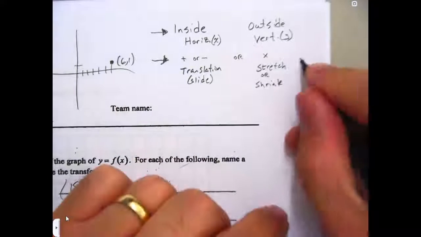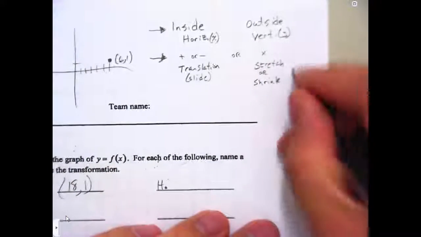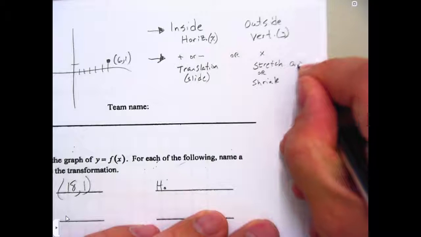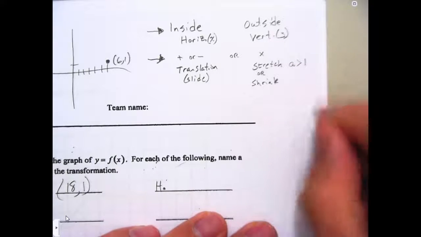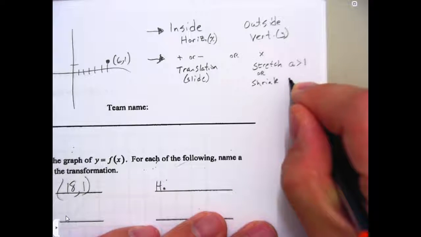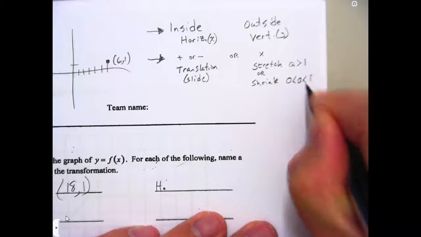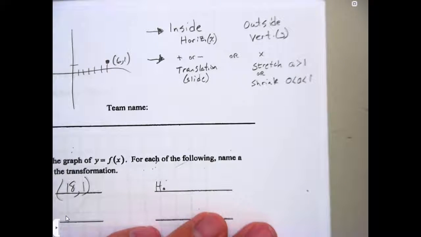It's a stretch when you are multiplying by a number, when a is greater than 1. It's a shrink when a is between 0 and 1. That just means a is between 0 and 1.